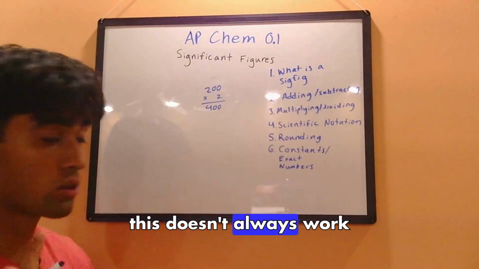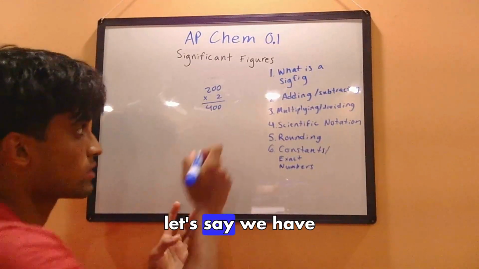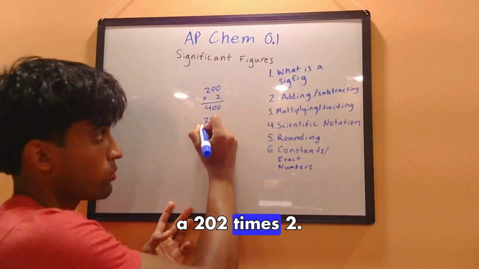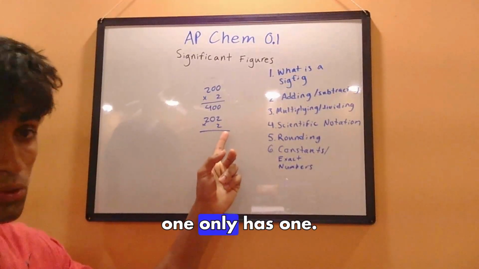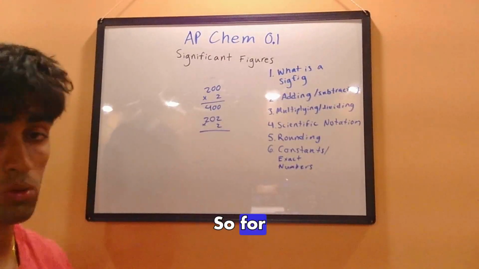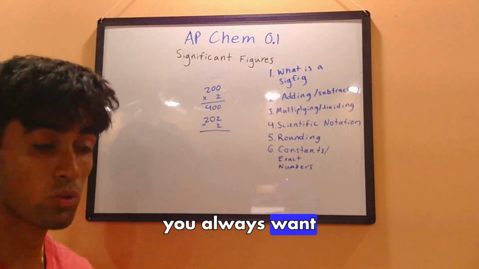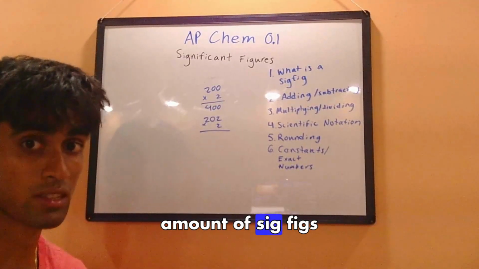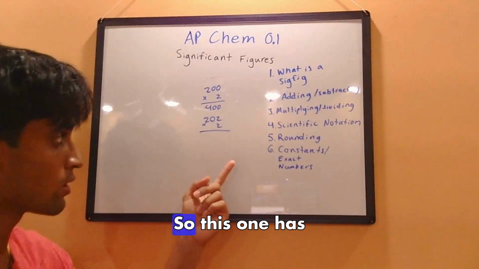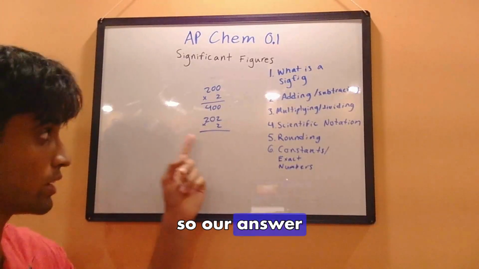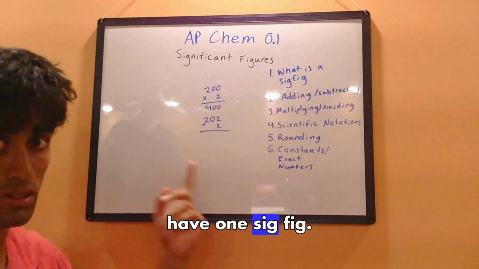However, this doesn't always work so nicely. So let's say we have 202 times 2. Now we know that this one has 3 sig figs and this one only has 1. For multiplying and dividing, you always want your answer to have the same amount of sig figs as the number with the least amount of sig figs. So this one has 1 sig fig, so our answer must only have 1 sig fig.